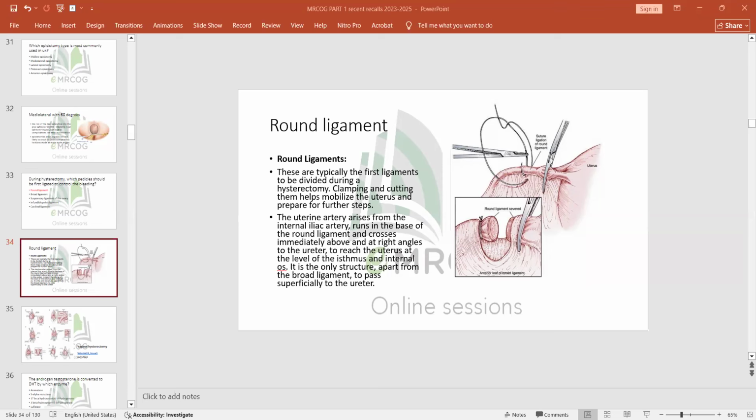Yeah, the sacrospinous ligament in sacrospinous fixation, for example.